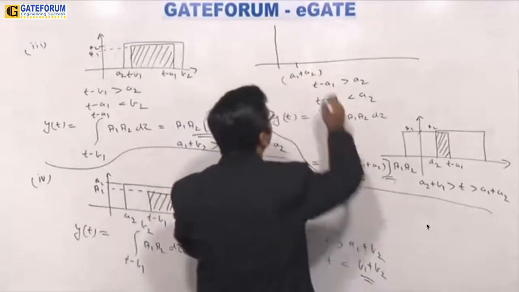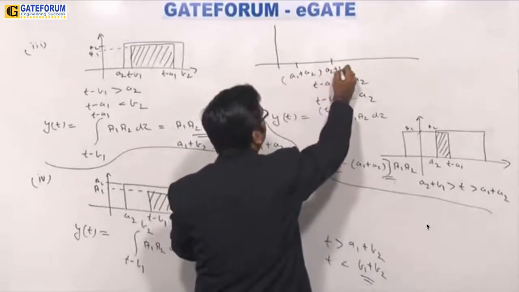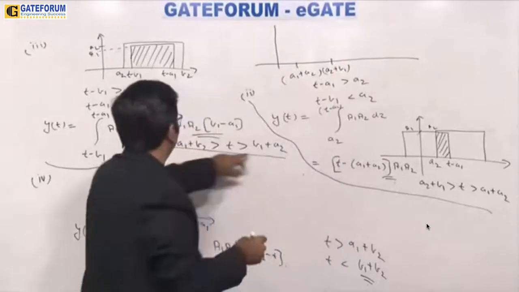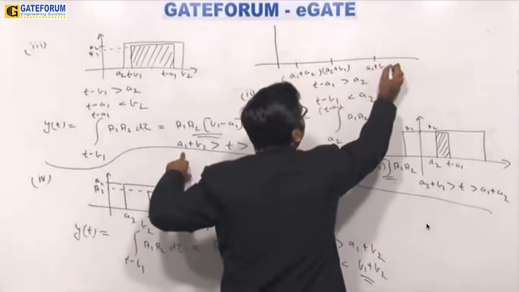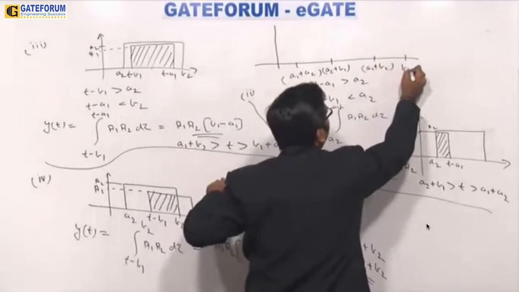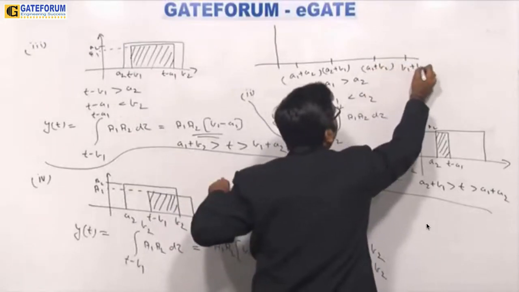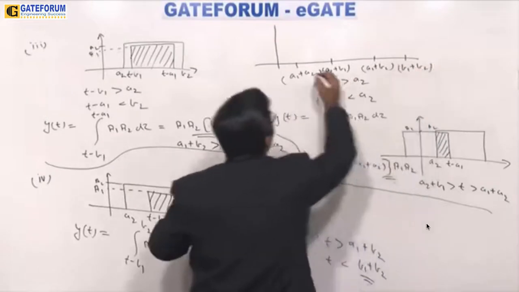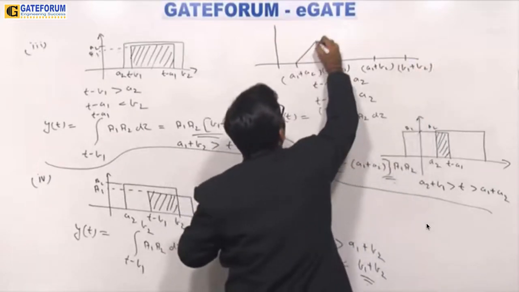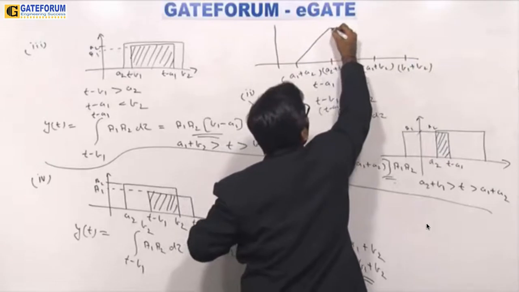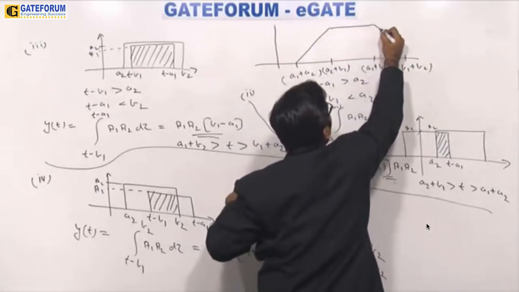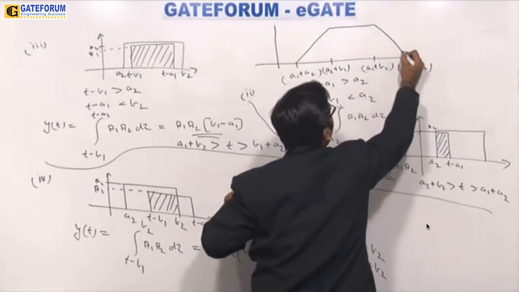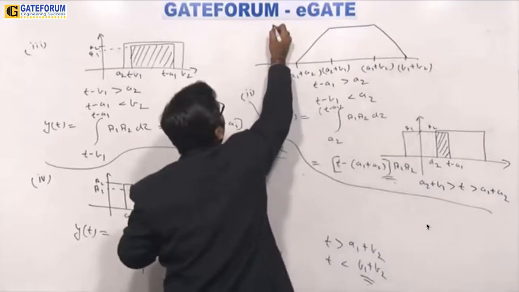It goes up to A2 plus B1. Then here A2 plus B1 to A1 plus B2. Then finally B1 plus B2. Output increases continuously up to this point. Then it remains constant up to this point, then it decreases finally up to this point.